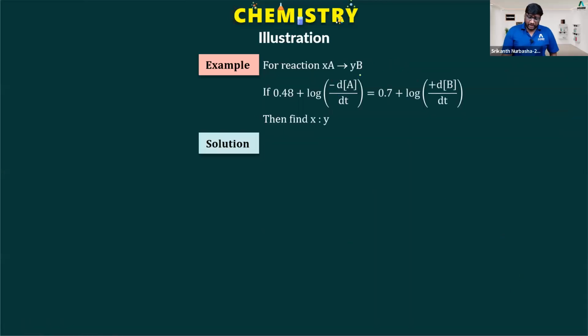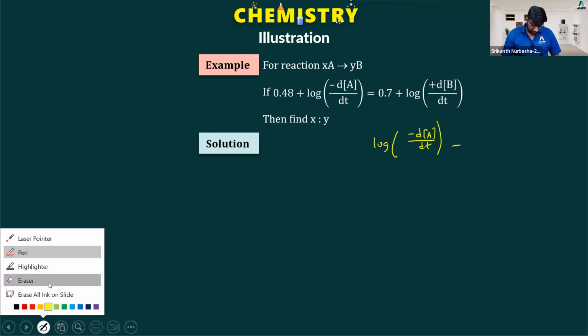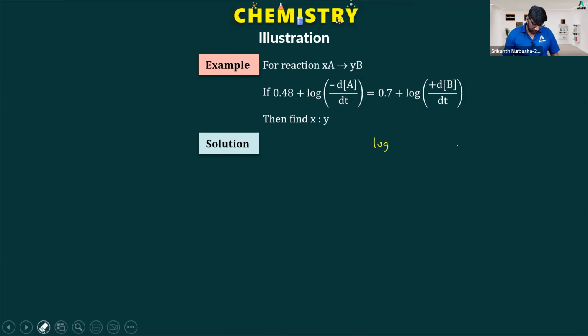For the reaction xA gives rise to yB, if 0.48 plus logarithm of minus d concentration of A by dt is equal to 0.78 plus logarithm of plus d concentration of B by dt. So I can write this equation, rearranging this: taking 0.48 to the other side, and this log of plus d concentration of B to this side.